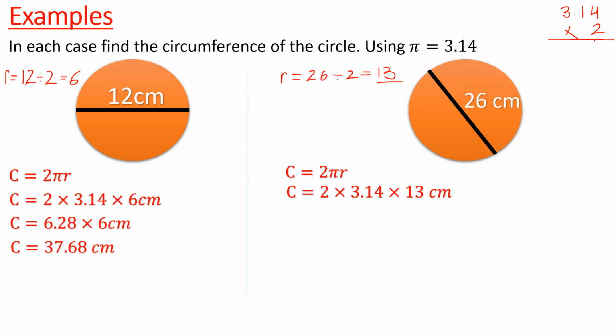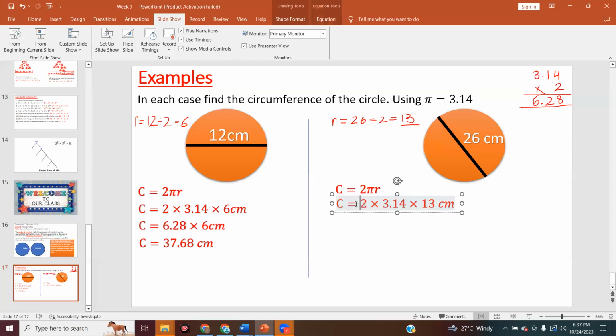What is 2 times 4? That's 8. 2 times 1 is 2. And 2 times 3 is 6. So that is 6.28.